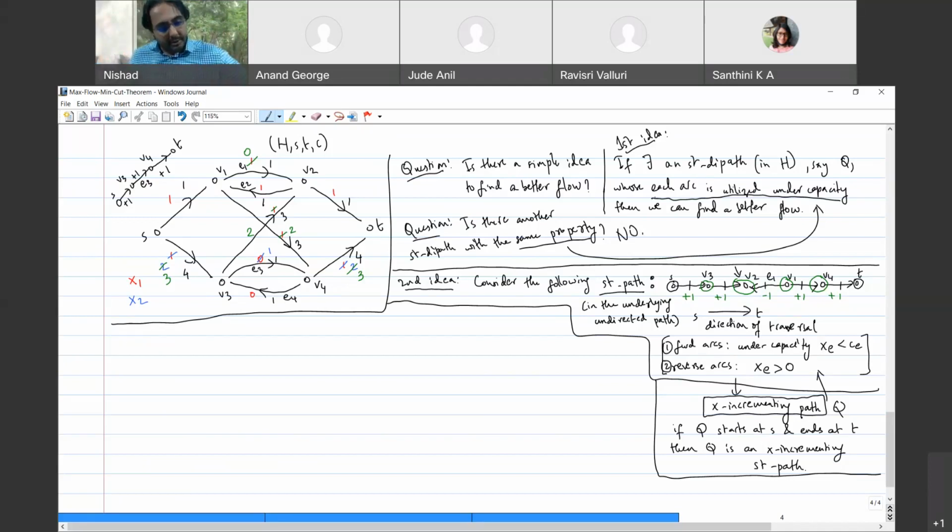So let me just state the proposition. We have a max flow instance. And let's say we are given an ST flow. So the claim is that if there exists an x incrementing ST path, say Q, then we can obtain a better flow X prime, which is defined as follows.